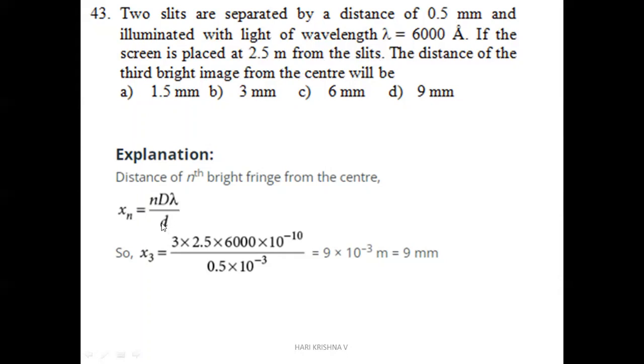They're taking x3. So n is 3, into distance 2.5 meter, into 6000 into 10 raised to power minus 10 Armstrong, divided by 0.5 mm, which is 0.5 into 10 raised to power minus 3. So cutting all the values, we get 9 into 10 raised to power minus 3, or 9 mm. Option D is correct.